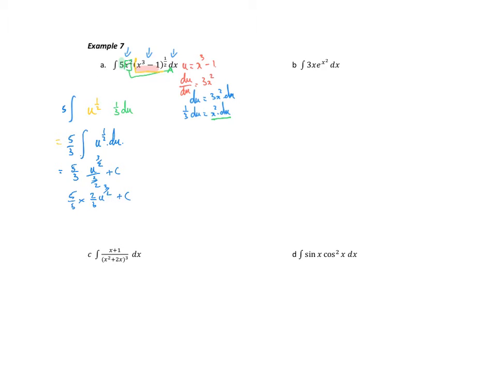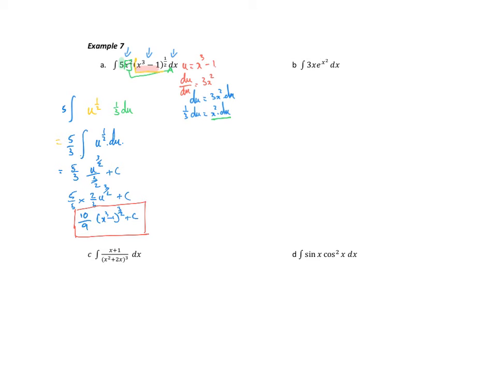I can multiply those, and I get 10 on 9. u is equal to x cubed minus 1, so x cubed minus 1 to the power of 3/2 plus some c. So there's my antiderivative.